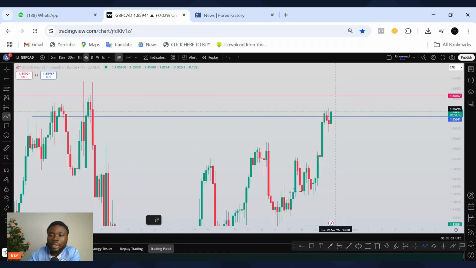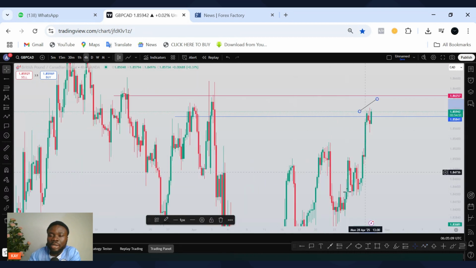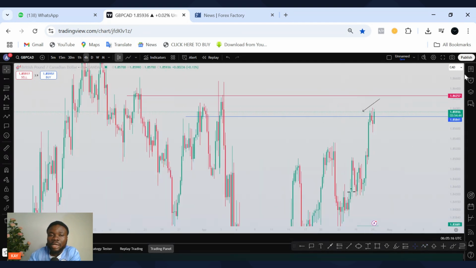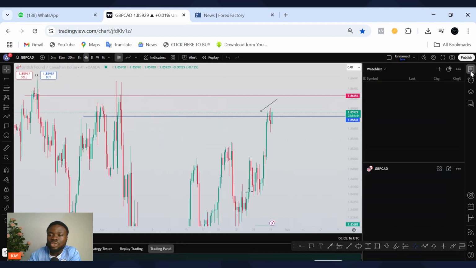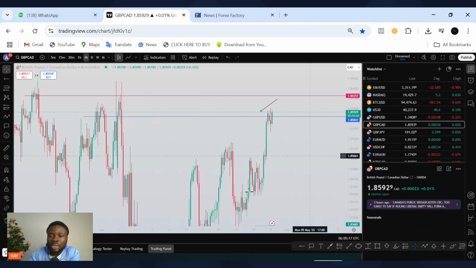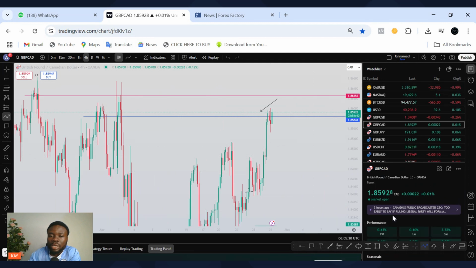So currently the chances that this price action is going to be in range is very high, because if you're having a lot of reactional levels, the chances that price is going to be in range is very high. So I'm not interested in taking a trade on GBP CAD at this point unless price has pulled back.